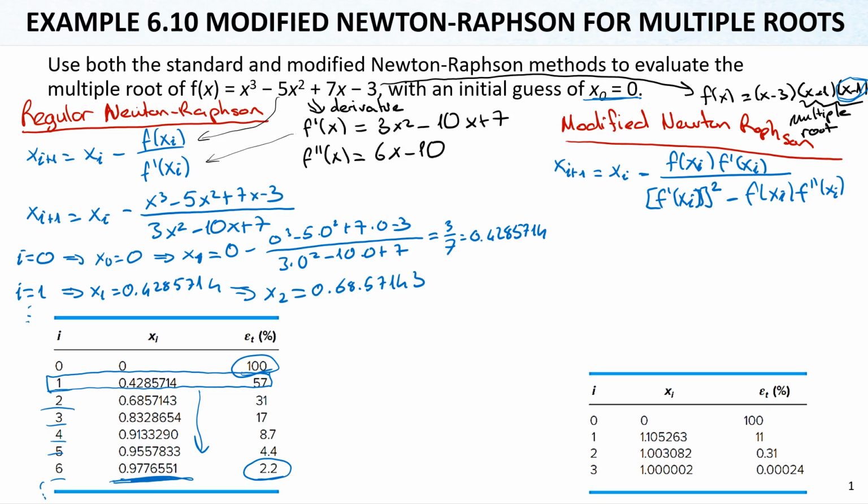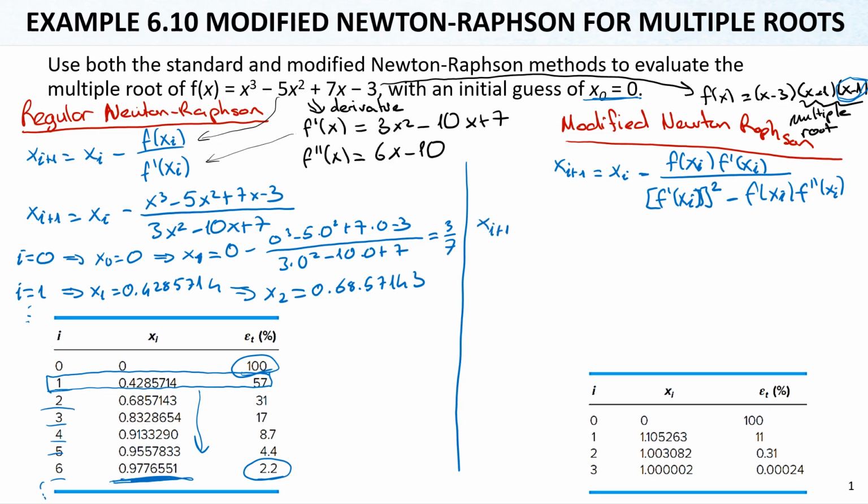If we write them all, we will have the xi value as, let me quickly erase this and use this gap for our modified Newton-Raphson.